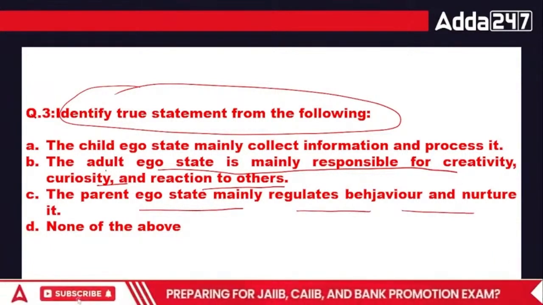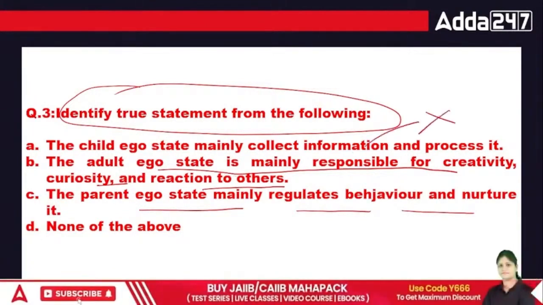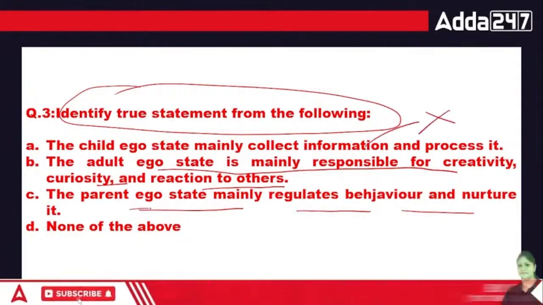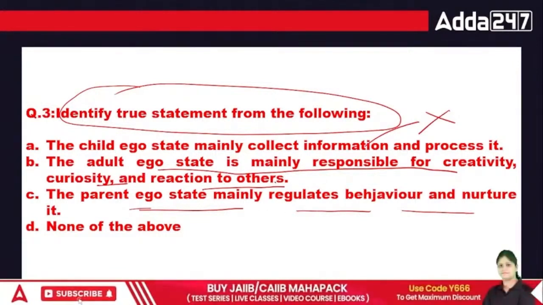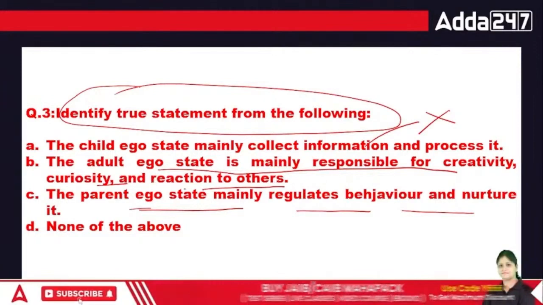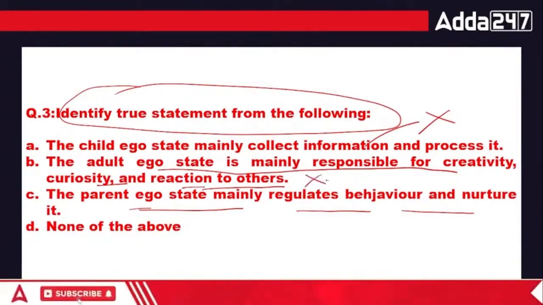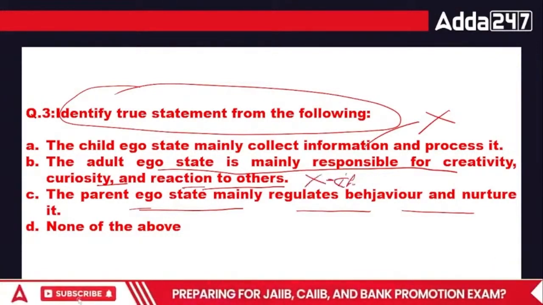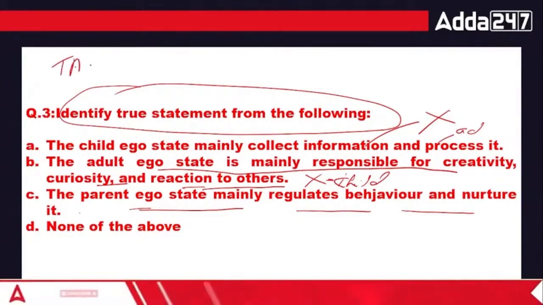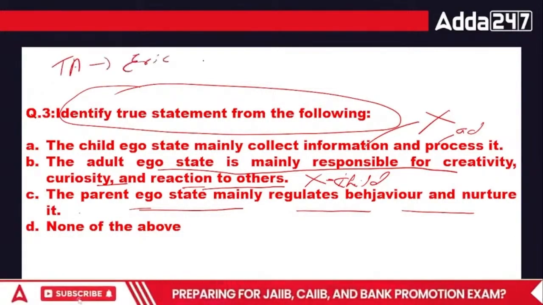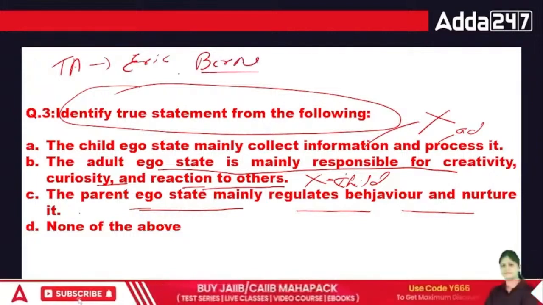See, the child ego state mainly collects the information and processes it, which is completely wrong. B is, the adult ego state is mainly responsible for creativity and reaction to others. That is completely wrong. We are talking about the child ego state here, and here we are talking about the adult. But the third one, see, in transactional analysis, which is given by Eric Berne, we have done it in the paid class also.